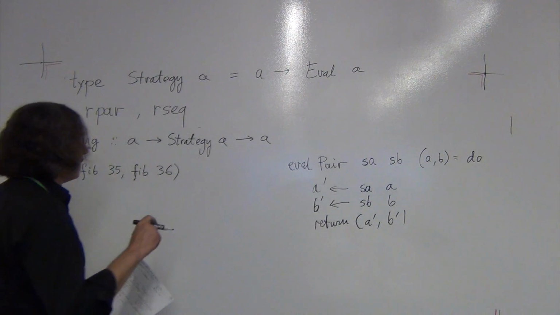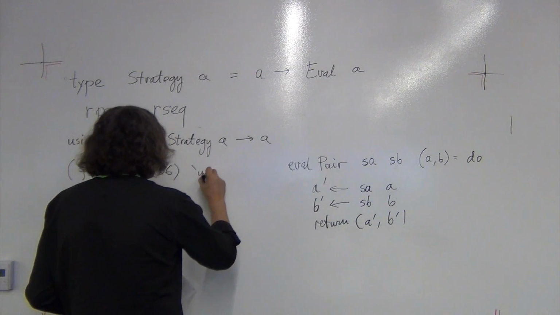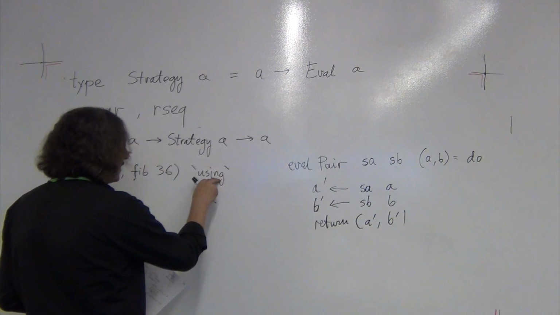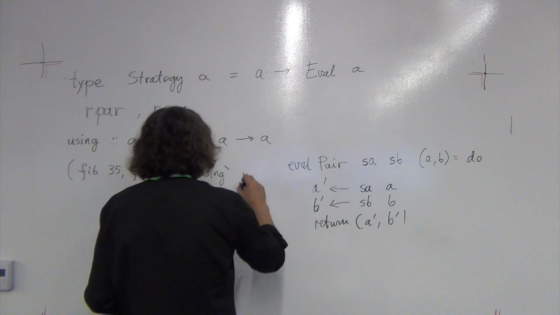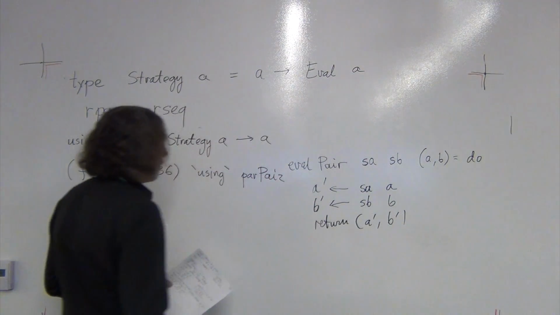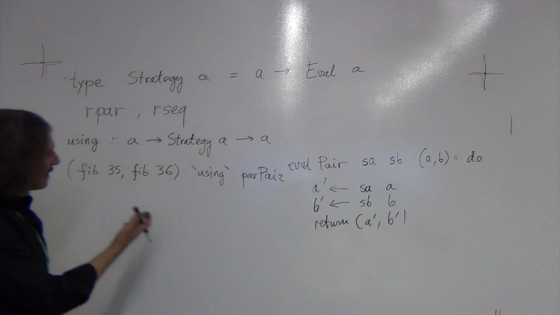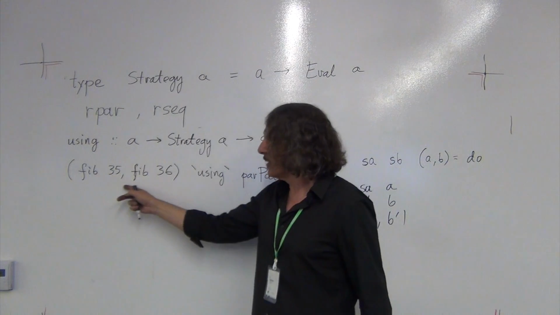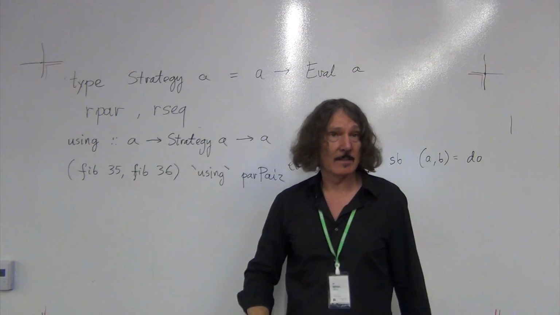Oh, so I erased the wrong thing. Using takes two arguments. So this is one argument, and the strategy is par pair. And now what it looks like is really, okay, this is what I'm doing, this is my calculation, Fib 35, Fib 36.